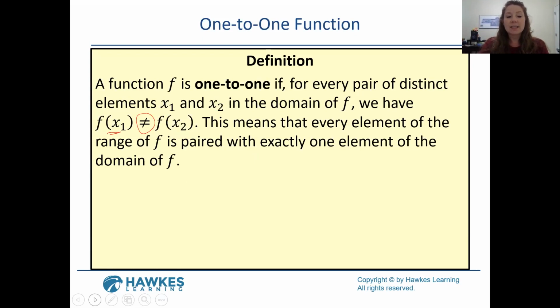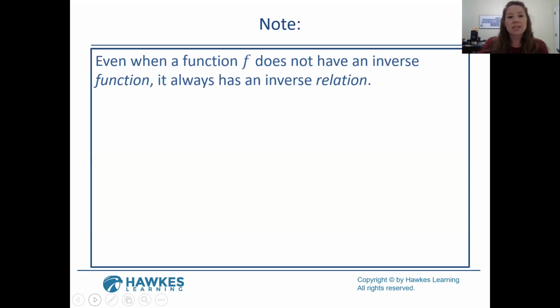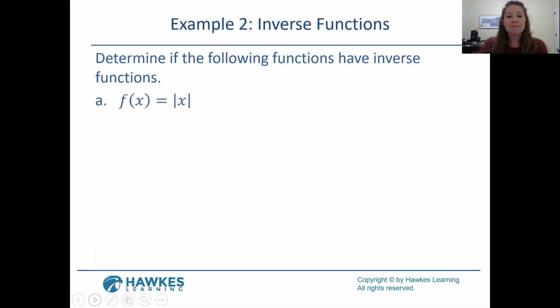If it does, its inverse is a function. If it doesn't, its inverse is not a function. Even when a function f does not have an inverse function, it always has an inverse relation. So very broad definition here for the word relation. Functions have a much more limited definition.